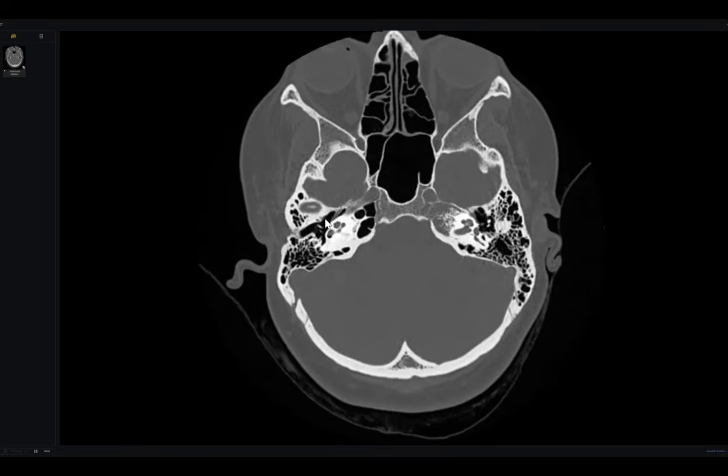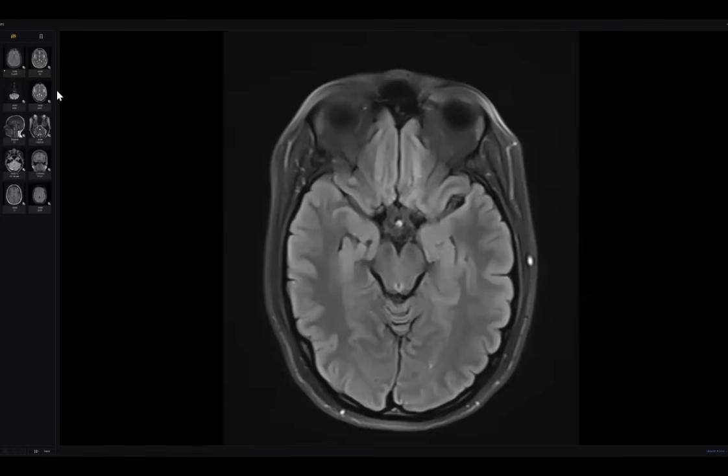Look here for the normal one. This is the normal one. It runs along the medial aspect of the middle ear. This is MRI.